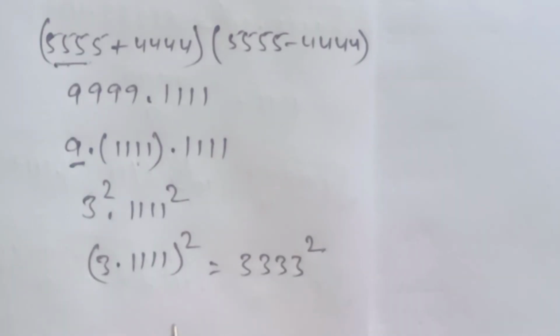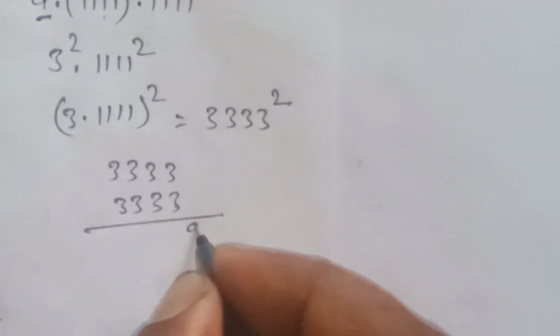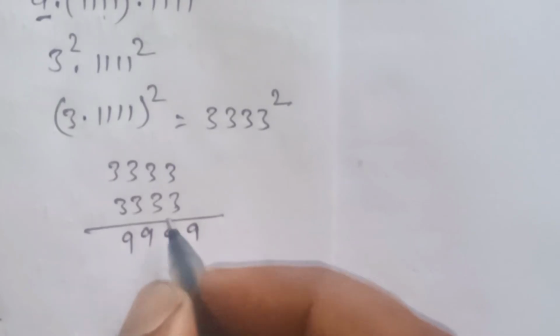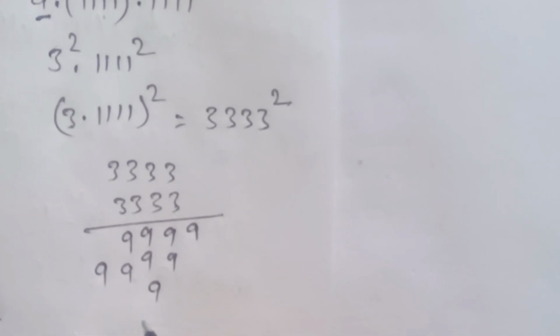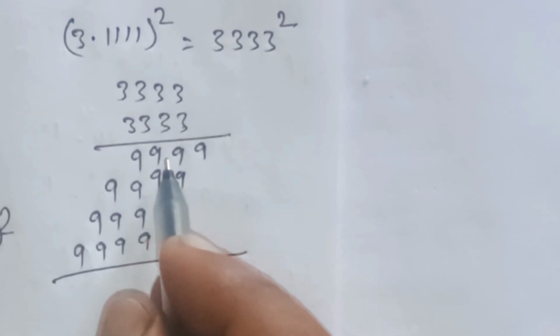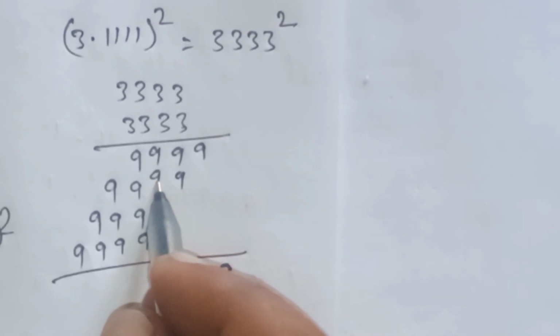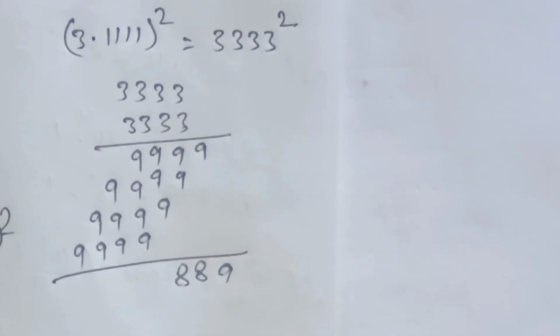After that, 3, 3, 3, 3 times 3, 3, 3, 3. See here, 3 into 3 is 9, again 9, 9, 9, 9. Adding these numbers: 9 plus 9 is 18, left it 1. And 9 plus 9 is 18, plus 9 is 27, plus 1 is 28, left it 2.